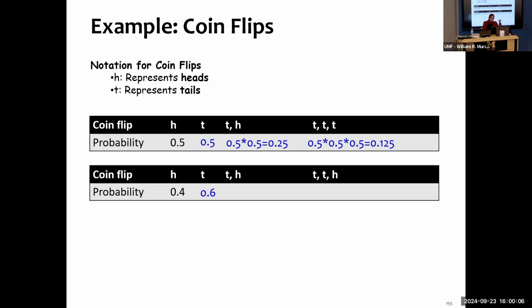Now having t and then h, I multiply the probability of t, which is 0.6, by 0.4 to have 0.24. Now if I want t, t and h, I would have 0.6 multiplied by 0.6 multiplied by 0.4, which is equal to 0.144. Is that clear for everyone, please?